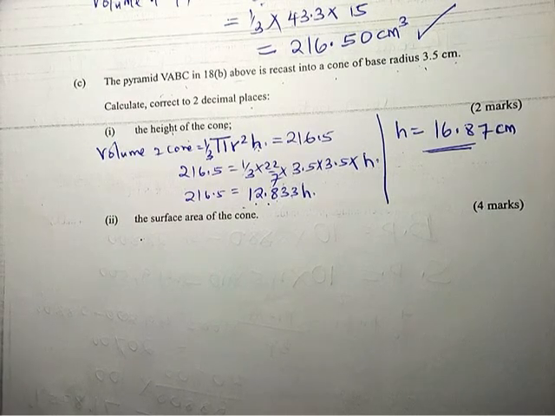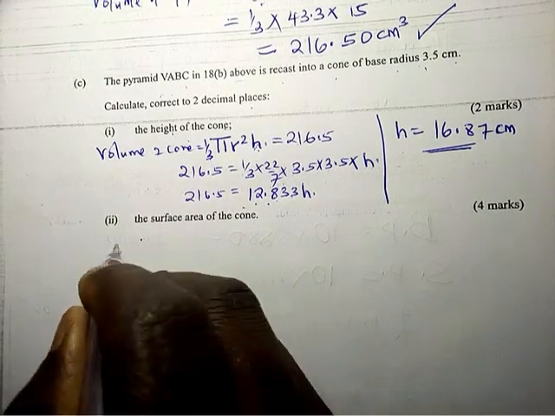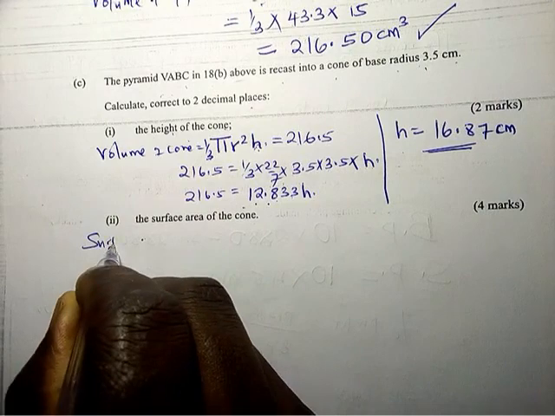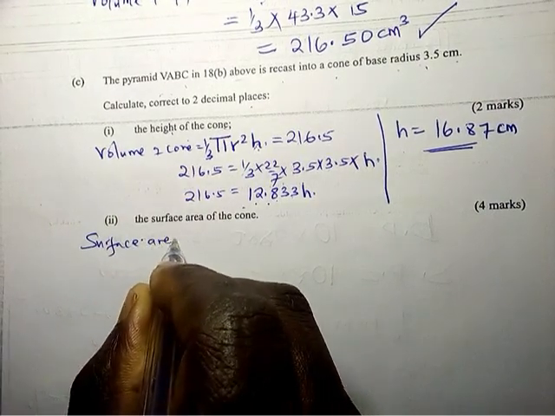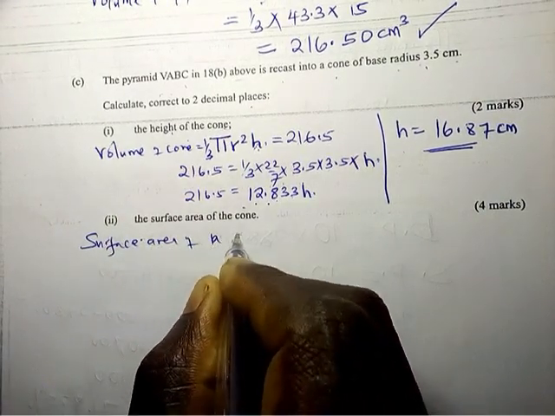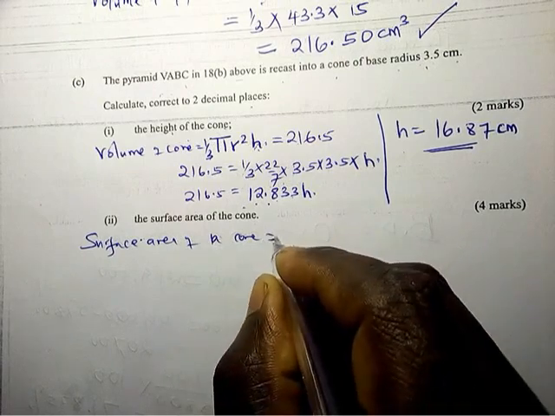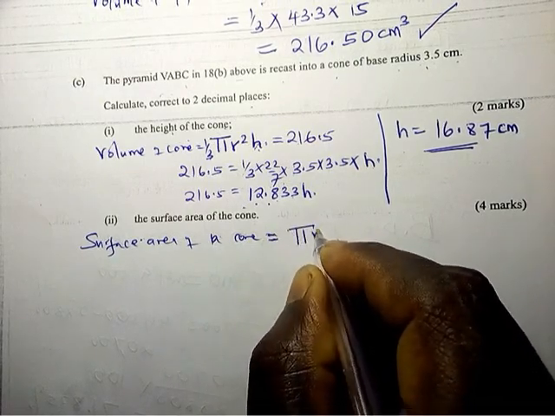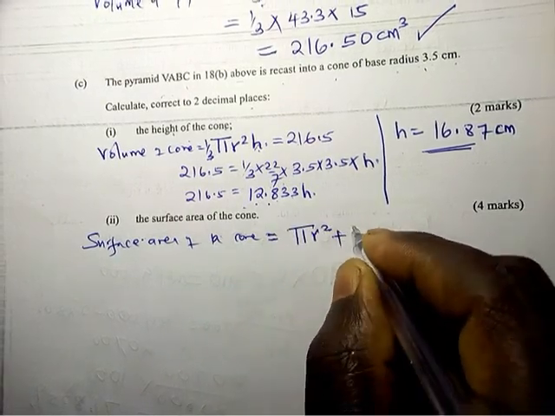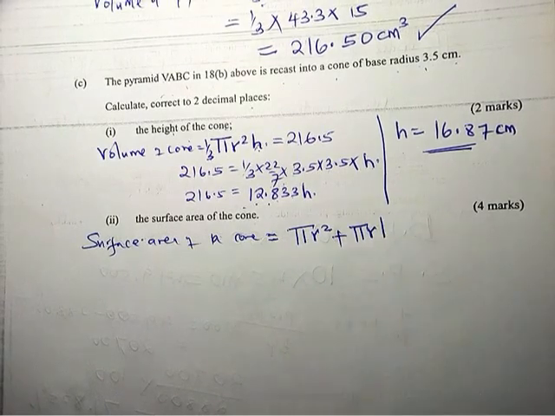The surface area of the cone. How do you get the surface area of the cone? Surface area of a cone is given by pi r square plus pi rl.